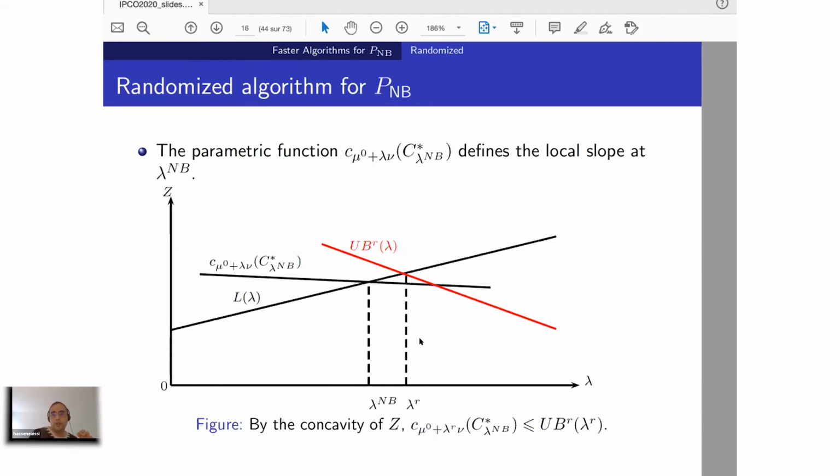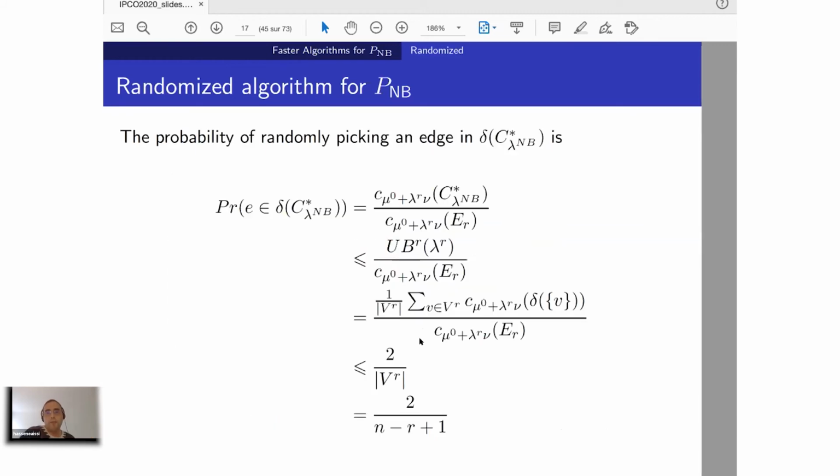Using this geometric observation, we can upper bound the error probability of picking an edge at each iteration to 2 divided by the number of current nodes, which is exactly the same bound as in Karger-Stein.